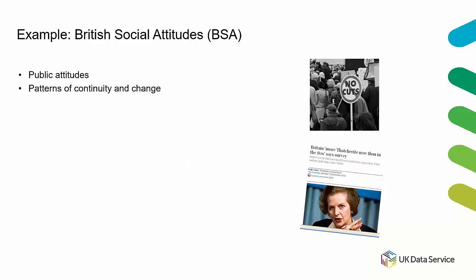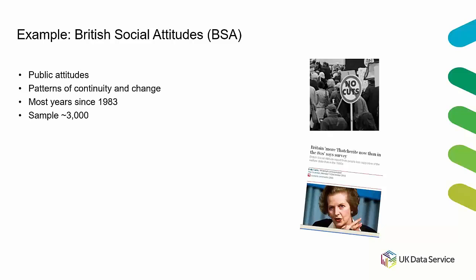The BSA measures public attitudes in Britain. Its aim is to give a source of data that means we can examine both continuity and change in social attitudes over time. It's been running most years since 1983, so it gives us more than 30 years of data on public attitudes.